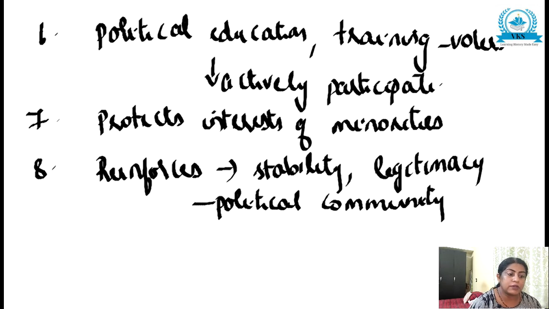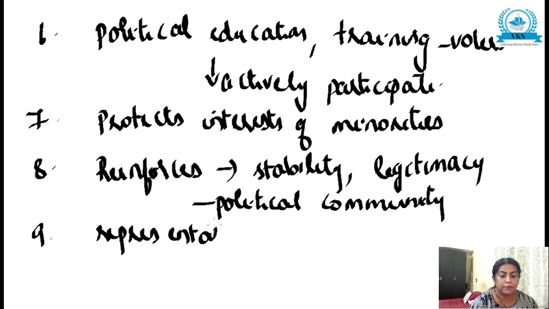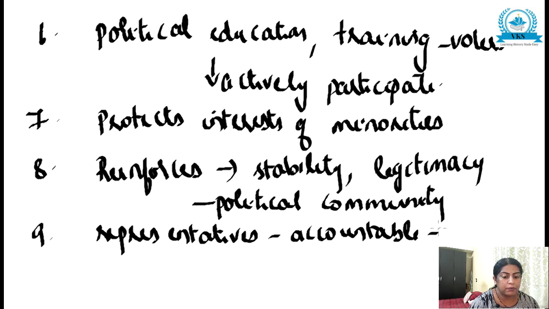It makes the representatives accountable for their performance in office and conduct. So here in elections, the representatives are made accountable for their performance in office and conduct. That is the major point regarding election.